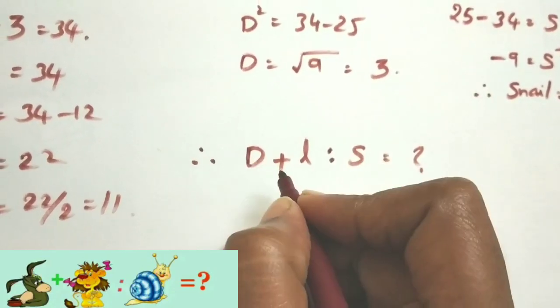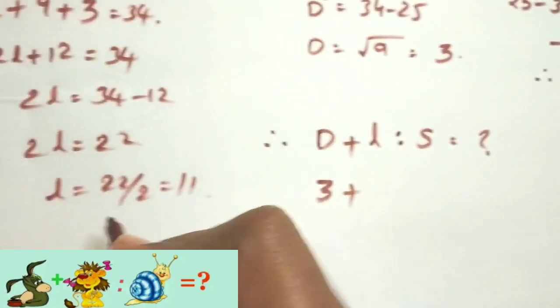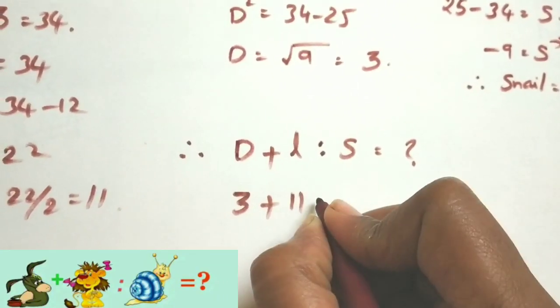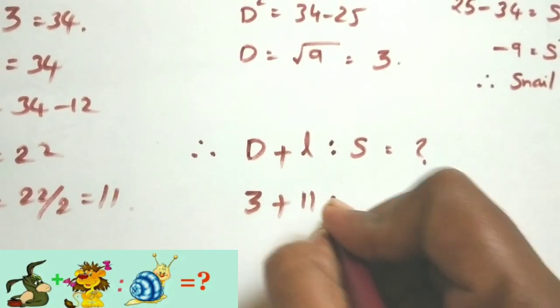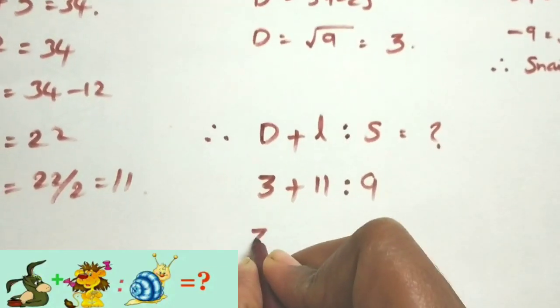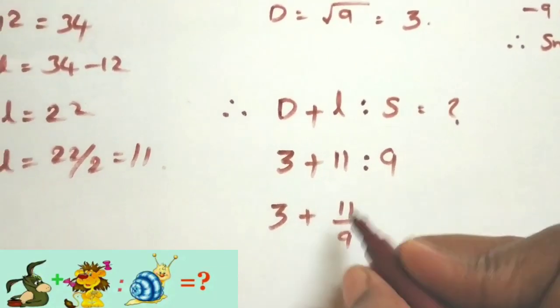Substitute the values that you know. Donkey value is equal to 3 plus line value, single line value is equal to 11, divided by snail value which is equal to 9. So 3 plus 11 divided by 9.